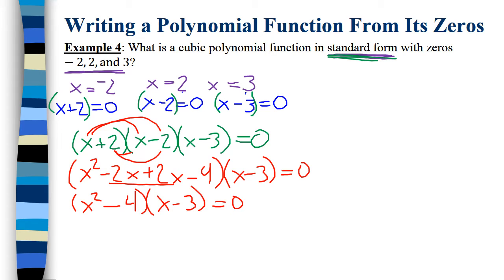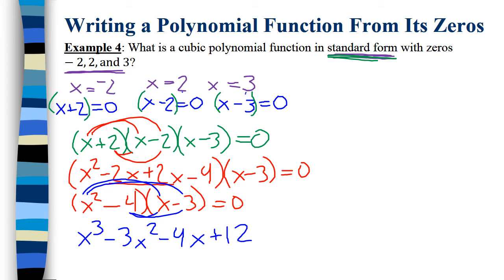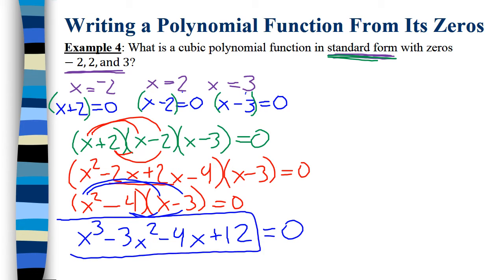And so now I can distribute here. So x squared times x is x to the third. X squared times -3 is -3x squared. -4 times x is minus 4x. And -4 times -3 is plus 12 equals 0. So here is our cubic polynomial in standard form that has zeros at -2, 2, and 3.